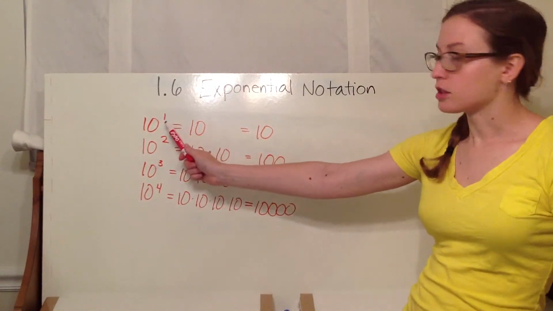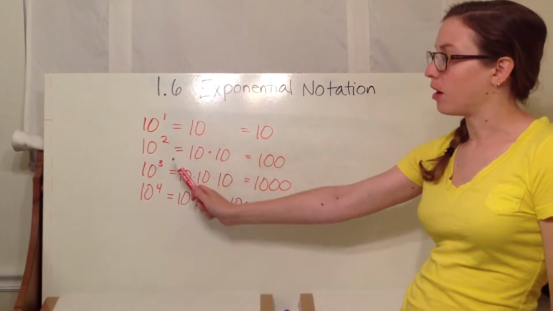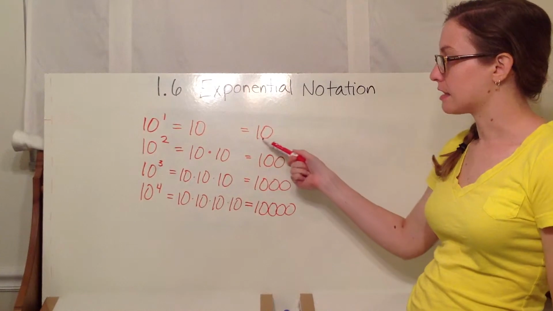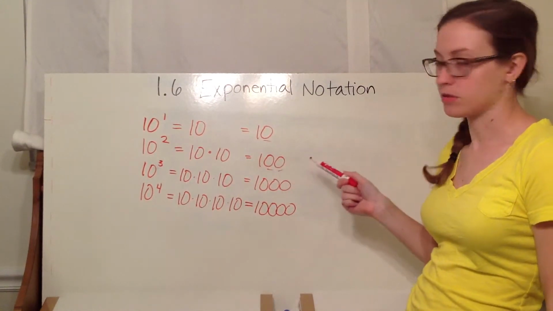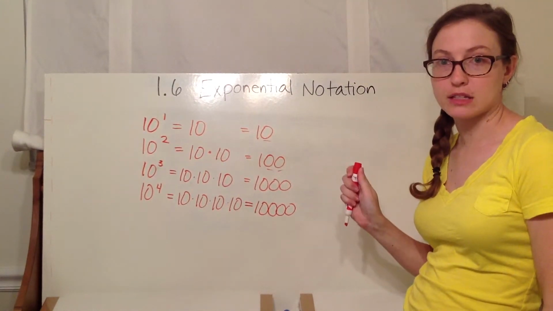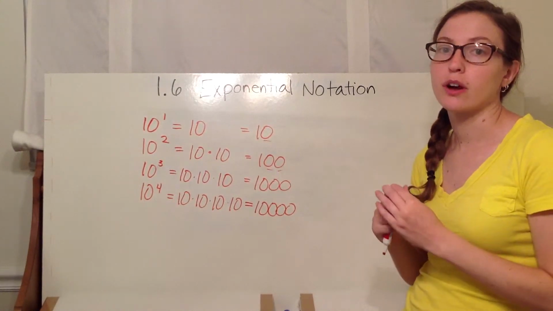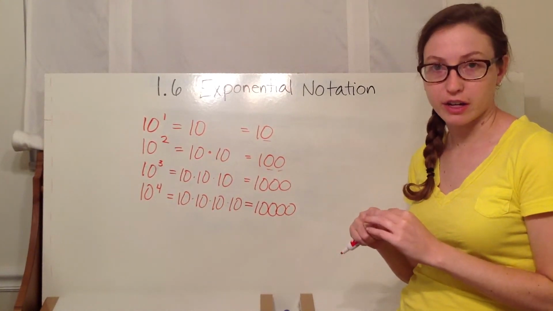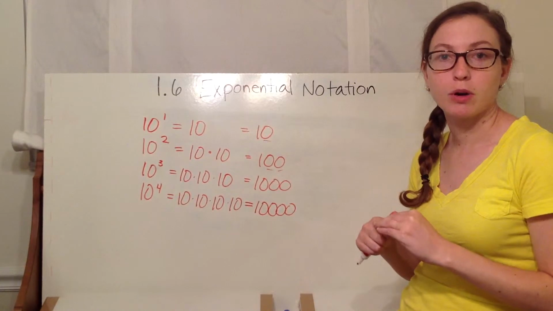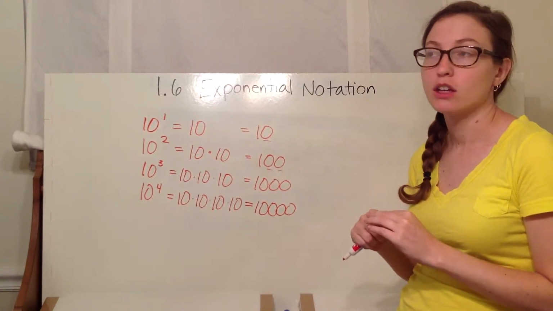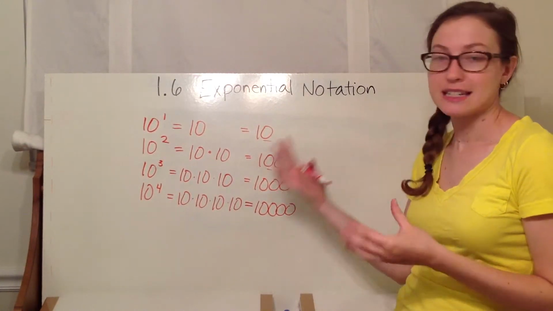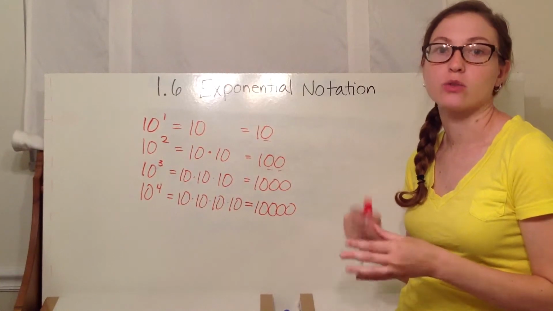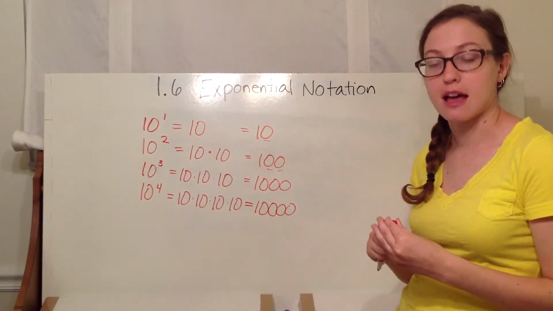The exponent that's showing up on each of these is the number of zeros that ends up in our final answer. We can use this to our advantage to do calculations very quickly. Anytime you multiply by a power of 10, you are essentially tacking a 0 onto the end, or that many zeros onto the end.